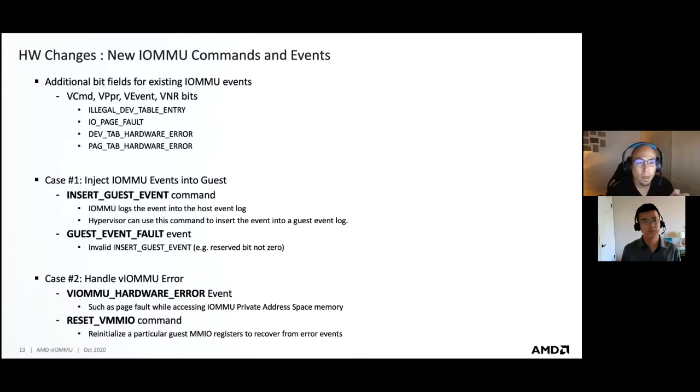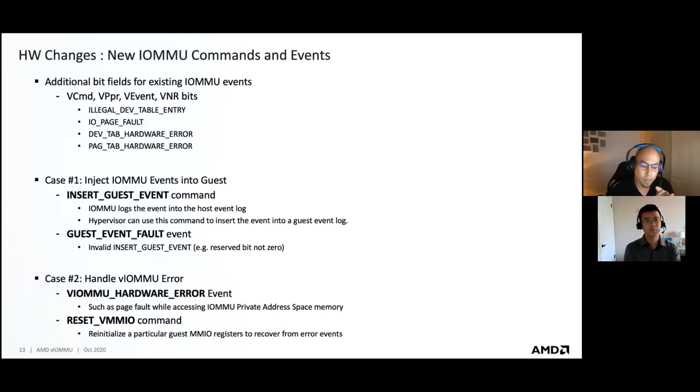The next hardware change is the introduction of new IOMMU commands and events. For the event, typically when an IOMMU encounters an error, it will generate event logs into the event buffer.